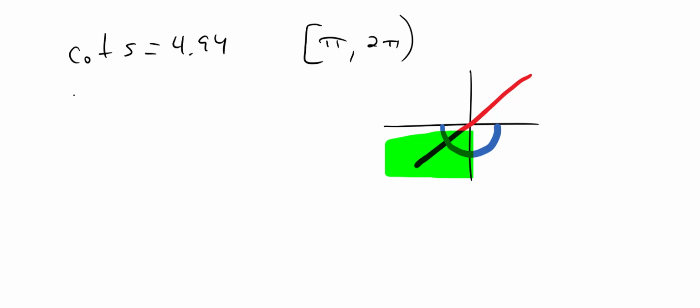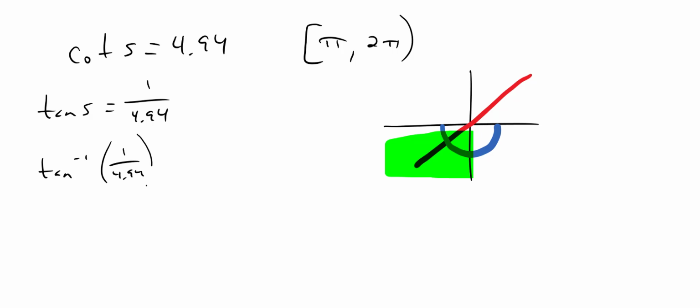Okay? So we're going to rewrite this as tangent of S equals 1 over 4.94. And then we're going to do inverse tangent of 1 over 4.94. It's positive already. And that gives us, again, our reference angle, which comes out to be 0.200.